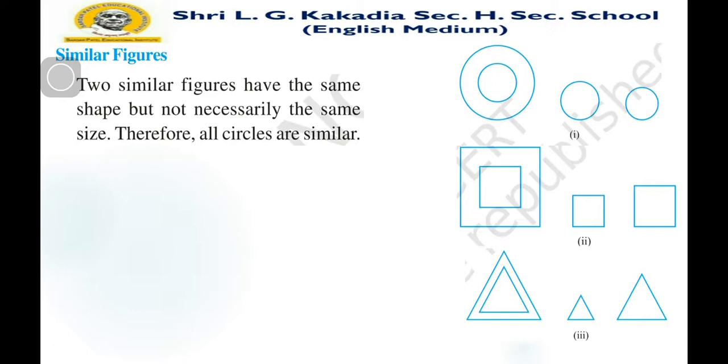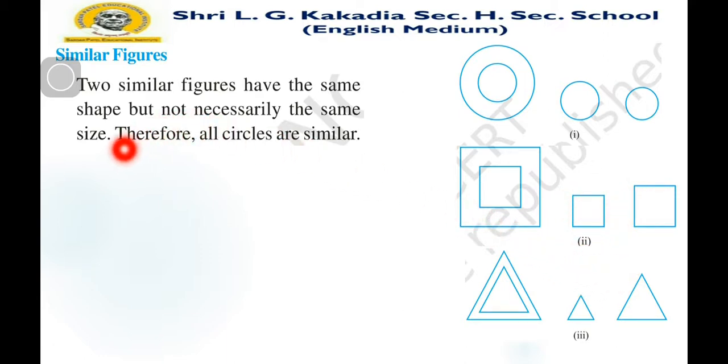So we can say that two similar figures have the same shape but not necessarily the same size. Here you can see that the two circles are similar to each other but not in the same size. Also the squares are similar in shape but not in size.